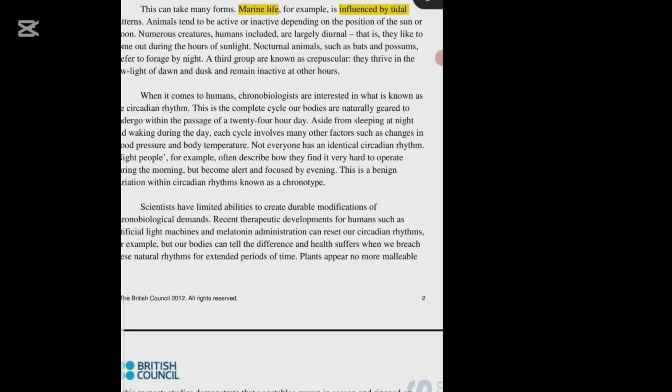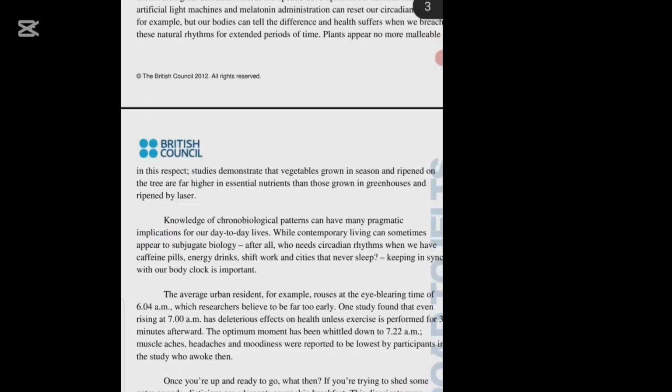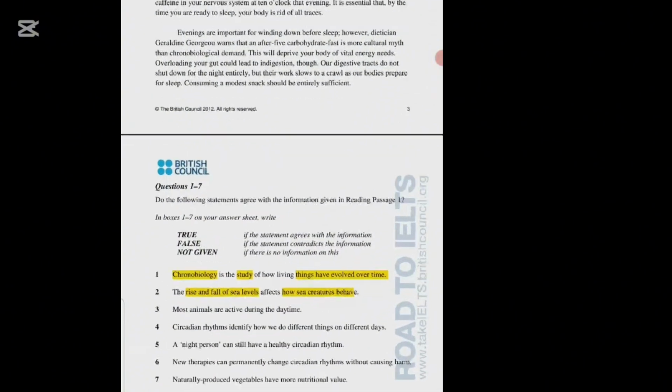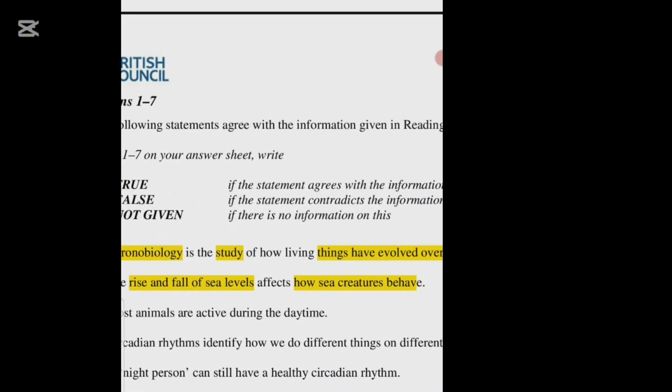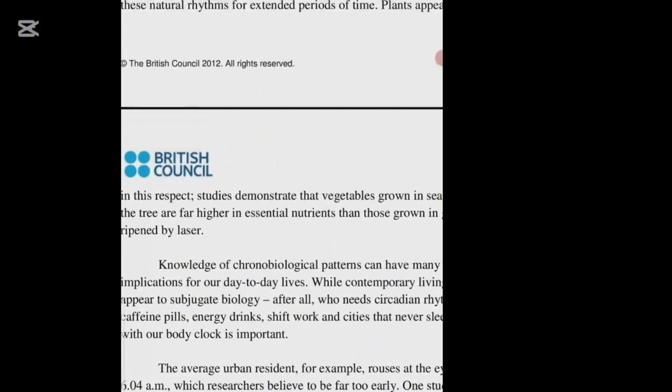We see that marine life, for example, is influenced. Behavior is captured in that word live, and being influenced is captured by the word affects. So you see, every word is justified. The keyword as well as the meaning of the sentence in the question is retained in the text. So it's a no-brainer. The answer is obviously true.